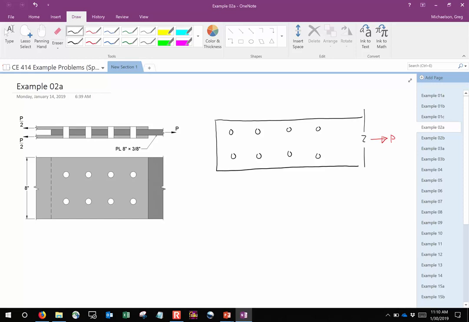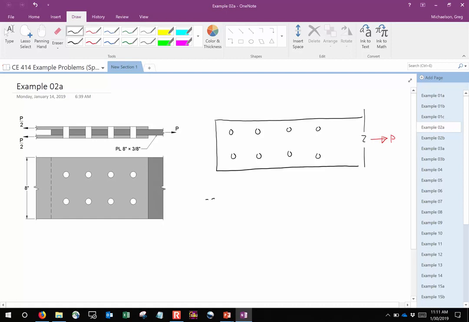So what's the gross area of the plate? I know it's cold, but it ain't that cold. The plate is 8 inches wide. It's 3/8 inches thick. So what's the area? There we go. And how'd you get that? It's pretty straightforward.